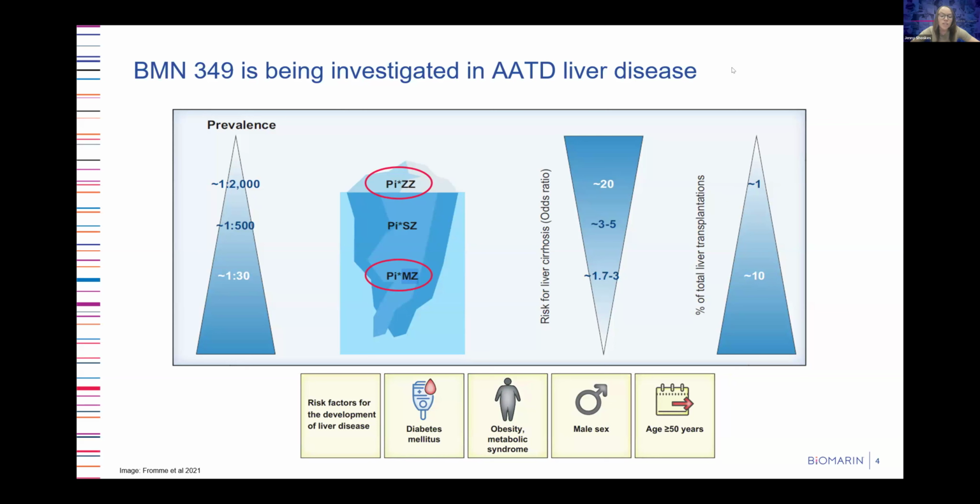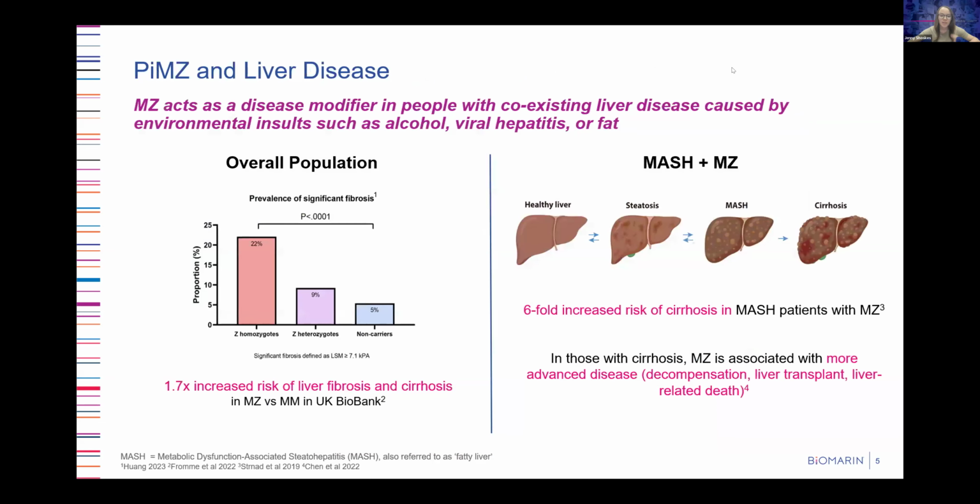Some general risk factors for developing liver disease are on the bottom there, and you can find particularly in MZ diabetes, obesity, or metabolic syndrome, leading to increased risk of concomitant liver diseases.